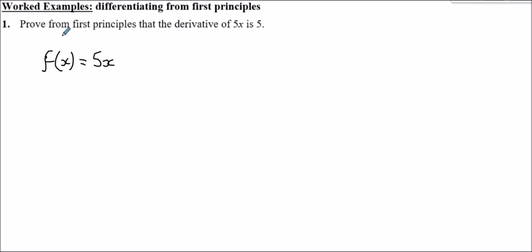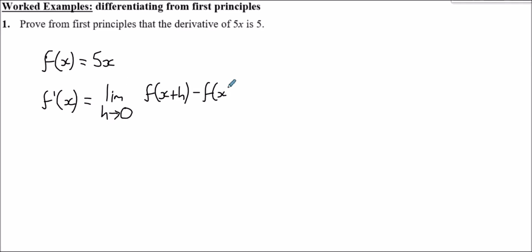Now from earlier on the slide I just showed you, f dashed of x, the gradient function, is the limit as h goes towards 0 of f of x plus h minus f of x all over h.